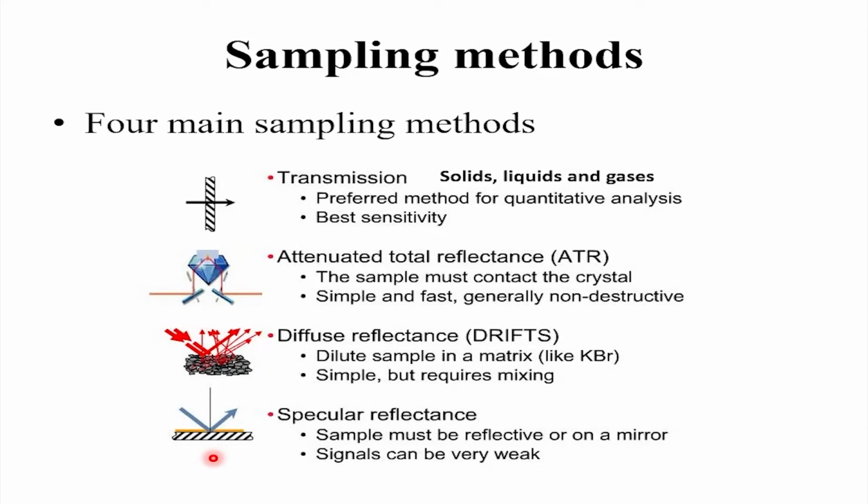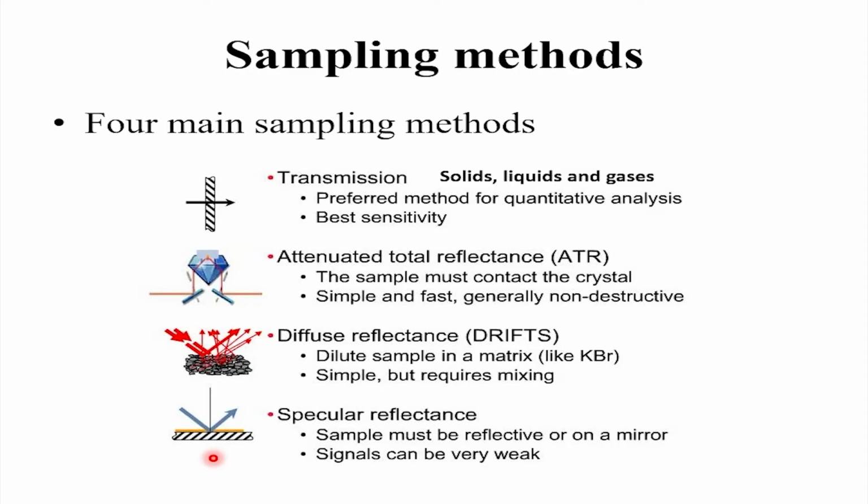You can use specular reflectance if you have an absorbing substrate. Another method is called attenuated total reflectance, ATR. In ATR also you can use thin films. The thin film will touch the ATR crystal and the analysis happens that way.